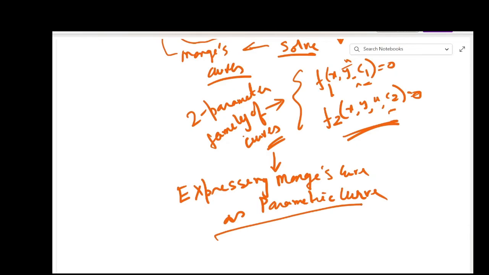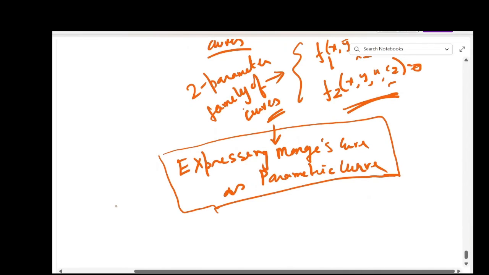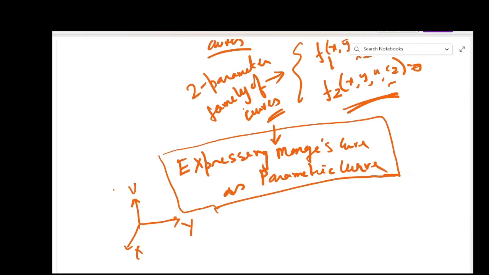To express the point changing along the curve, say this is my curve, this is your xy space, whatever you may consider, I'm not worried about it right now. So along the curve, if you move, some parameter should vary. Let me consider that parameter to be sigma. It is describing the curve.